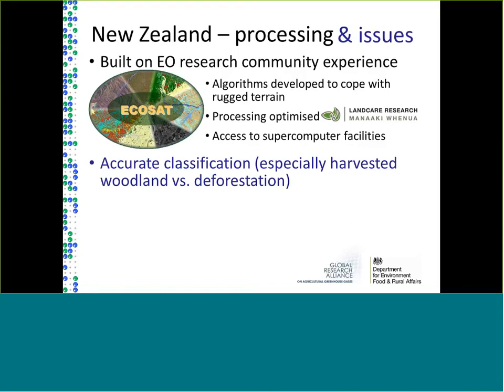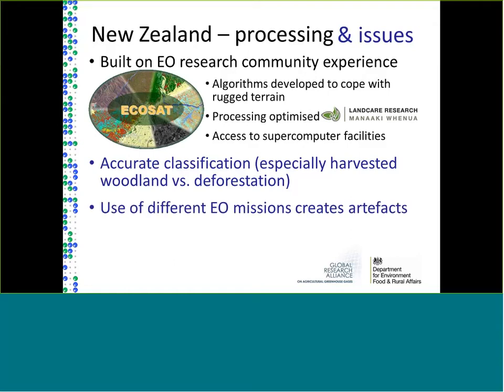The issues they particularly have, though, ongoing are accurate classification, especially because they critically need to discriminate between harvested woodlands, which will then be regrown, and deforestation.